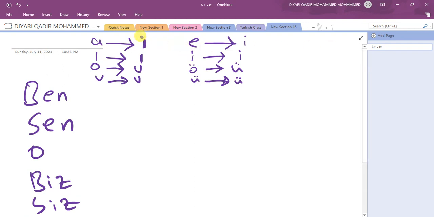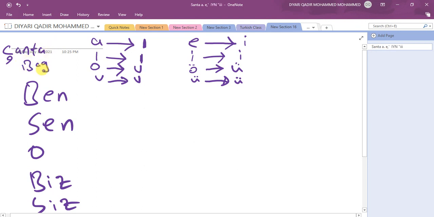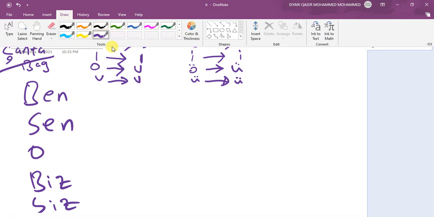So let's see a simple example. For example, çanta. Çanta means bag. So ben means I, sen, o, biz, siz, and so on.